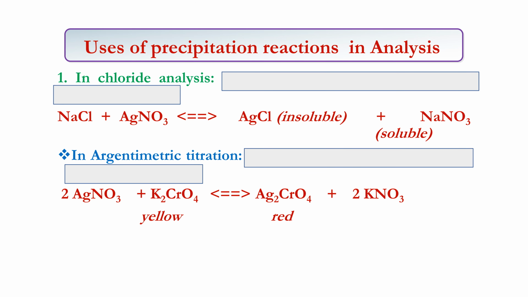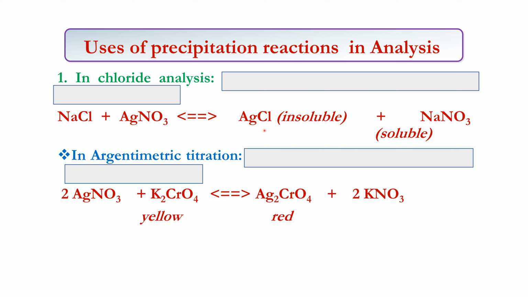We now look at uses of precipitation reactions in analysis. Precipitation reactions are used in chloride analysis and in argentimetric titration. In chloride analysis, precipitation signifies the end point during titration. So when you are doing chloride analysis, formation of insoluble silver chloride signifies the endpoint during titration.